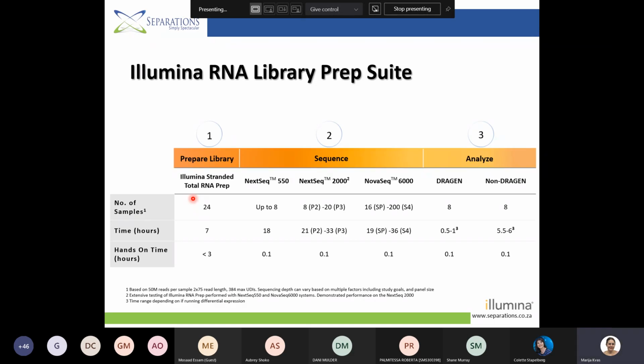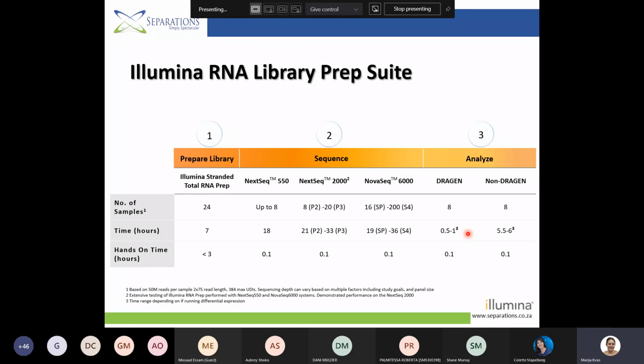This is just to illustrate that depending on the different instruments that we have, we can multiplex many different samples. Obviously it depends on the application as well. But what I want to point your eyes towards is the analysis portion of it, and you will notice that when we have a non-DRAGEN analysis out there, it will take much longer to analyze the data, whereas with DRAGEN we significantly decrease the amount of time needed for the analysis.